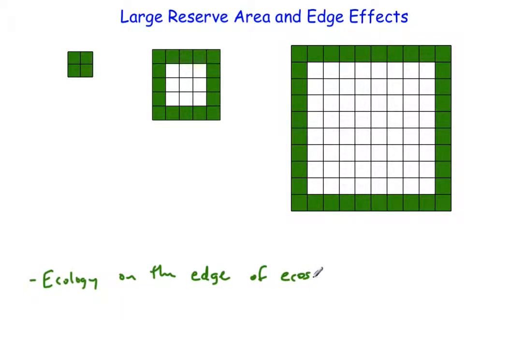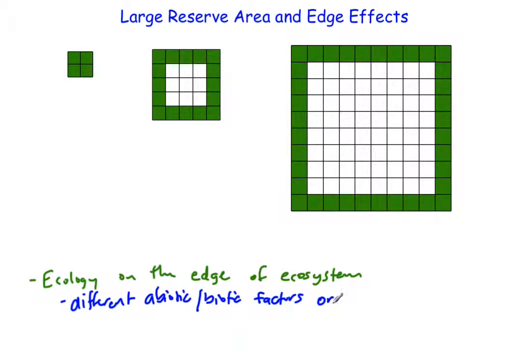In general, what scientists find is that the ecology on the edge of an ecosystem is a lot different than what's in the center. It's different because there are different abiotic or biotic factors on the edge than in the center.